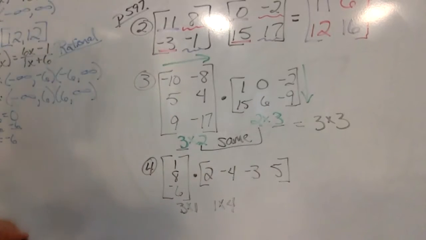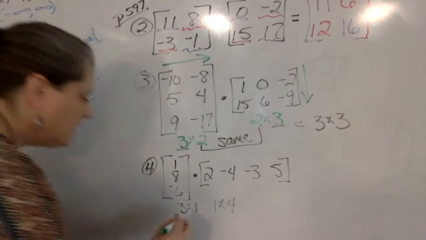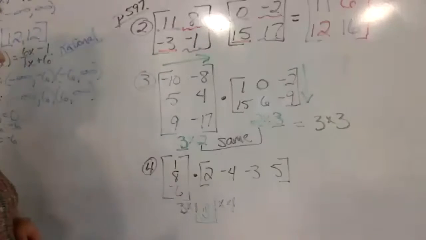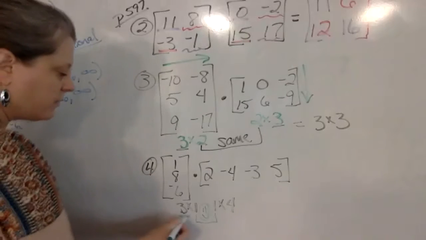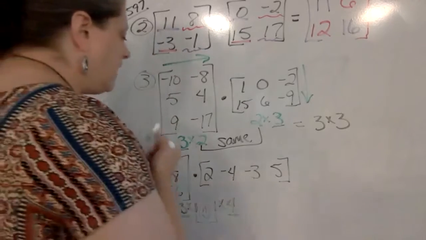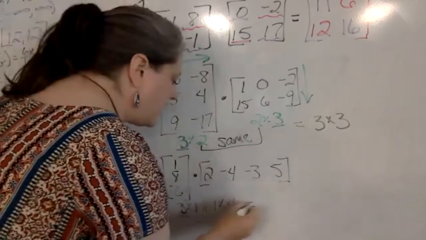It's got one row, and it's got 1, 2, 3, 4 columns. So my answer is going to be, first of all, can I multiply them? Is this the same? Yes. So we can multiply it, and it's going to be a 3 by 4 matrix. That's what it's worried about. It's not actually making you multiply it out.